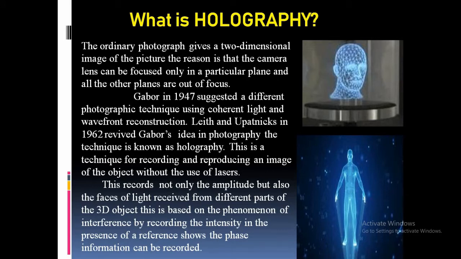Holograms record not only the amplitude but also all the phases of the light received from different parts of the 3D object. So basically, holography is the optical technique of recording the object in a 3D pattern on a photographic film.